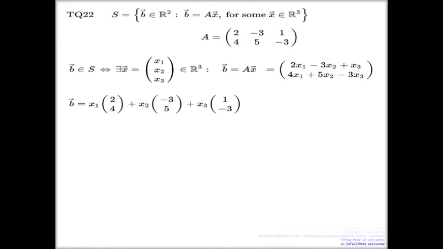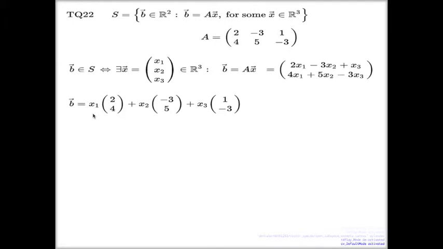So x1 comes with the coefficients 2 and 4, right in here. x2 comes with the coefficients -3 and 5, right in here. x3 comes with the coefficients 1 and -3, right in here. If I do these modifications, you can see your span, because this is something which I called on my previous slide linear combination.